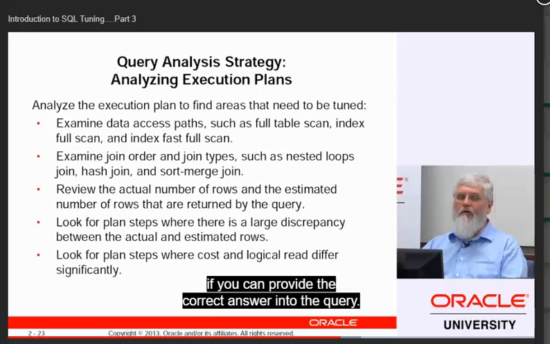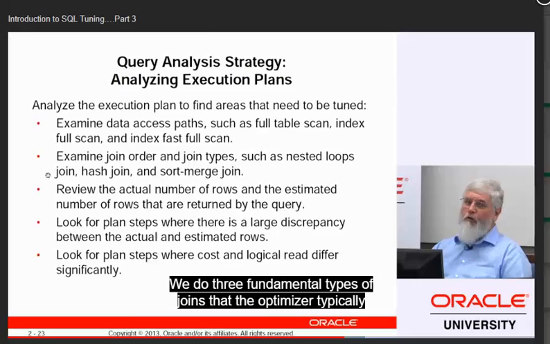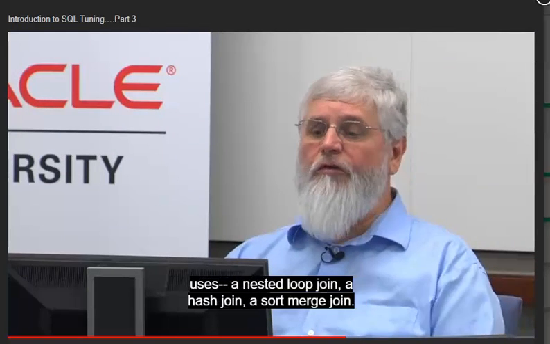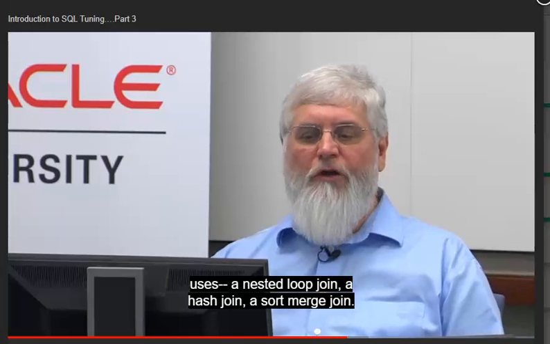Okay. Watch the type of joins. We have three fundamental types of joins that the optimizer typically uses: a nested loop join, a hash join, and a sort merge join. They have different advantages in different cases, particularly for different data volumes.